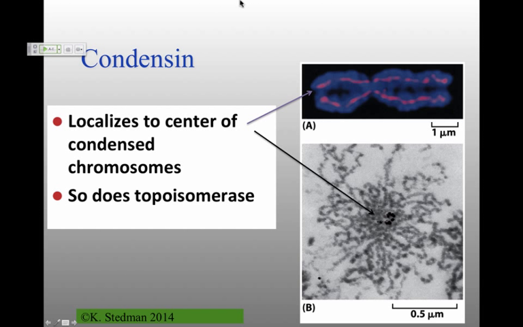Condensin goes together in the middle of these mitotic chromosomes. If you just look with an antibody to these proteins, you see them right in the middle with all these loops that have come out around them. If you look at a mitotic chromosome and also use an antibody to these proteins, you see they're right down the middle of these mitotic chromosomes. So they're clearly holding a lot of these loops together.